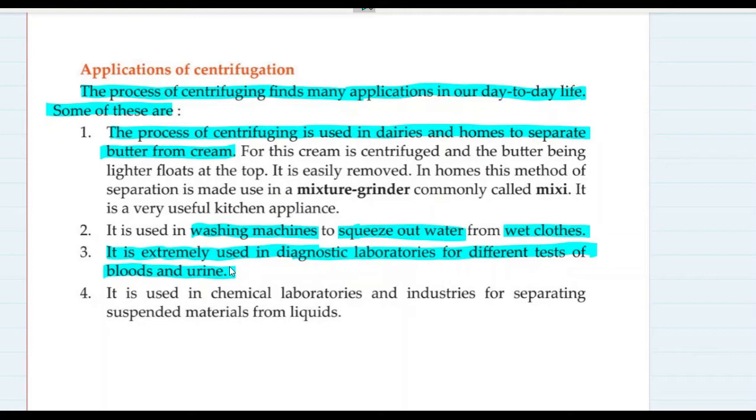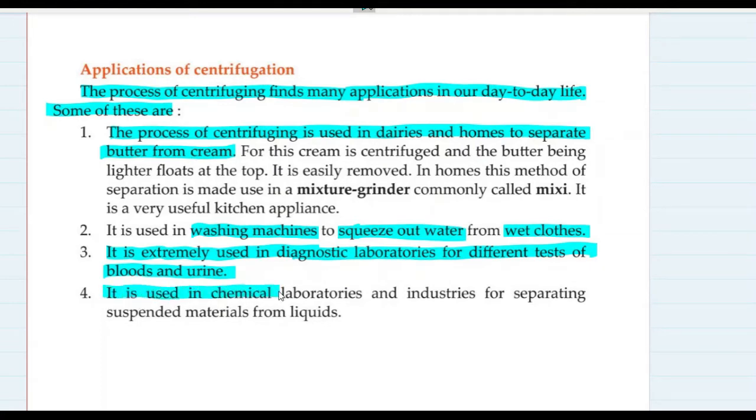And what does blood contain? That gives us an idea about what anomaly or diseases a body might have. So this process of centrifugation is extremely useful in diagnostic laboratories for the tests of blood and urine.